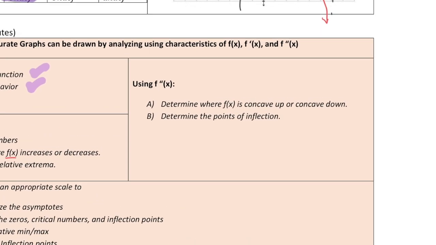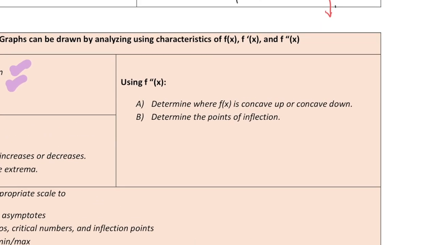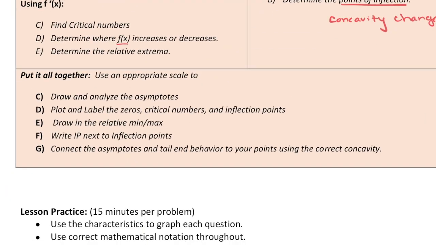From f double prime of x, you figure out where f of x is concave up or concave down, as well as the points of inflection. Remember, you only have a point of inflection if your concavity changes. If your concavity does not change, it is not a point of inflection.